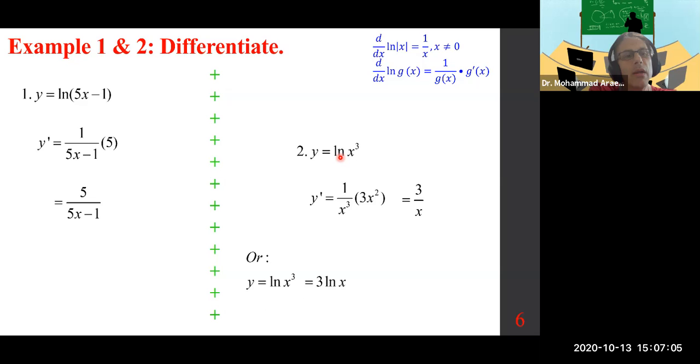So that's a very simple differentiation. So 3 times, now ln x gives us 1 over x. And therefore, 3 times 1 over x is 3 over x. It is extremely simple, and we've done it. Okay, class.